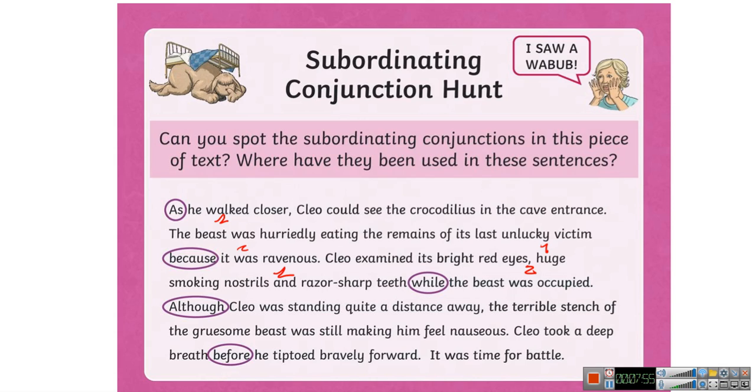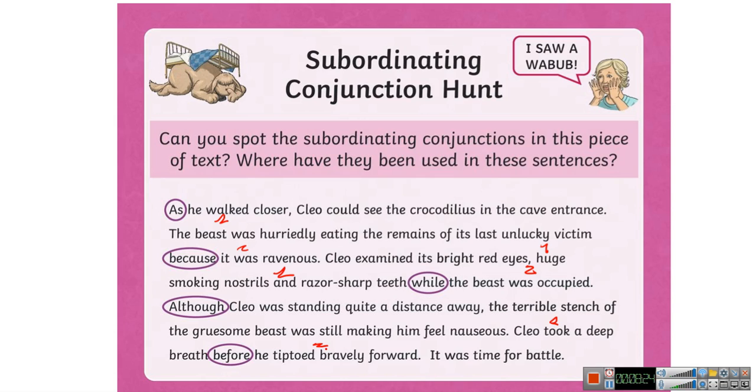For this reason, I need to say that what I'm about to say corresponds to this, but in a contrastive form. So yeah, I'm still talking about this, but now I'm gonna say that Cleo was standing quite a distance away. Now let's look at the final one, before. Cleo took a deep breath. Okay, this is idea number 1.